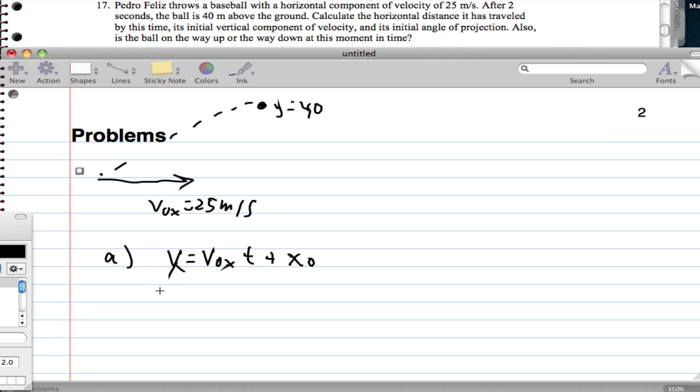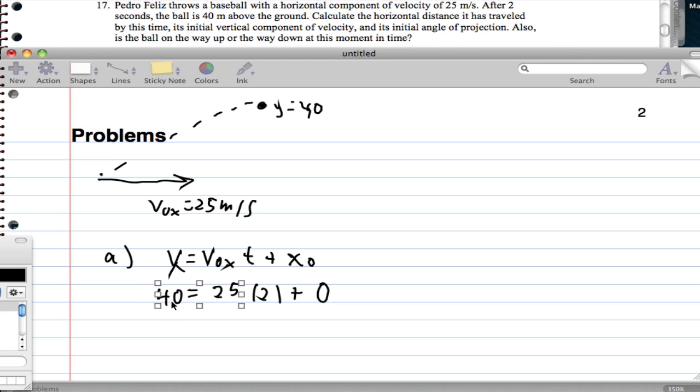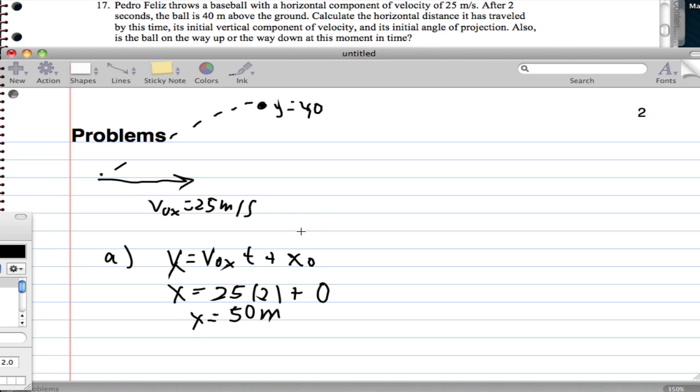And so that means we have 40 equals 25 times 2 plus... Whoops, I made the classic mistake. We don't put in 40. That's the y distance. So this is x equals 25 times 2 plus 0. So x is going to be 50 meters.